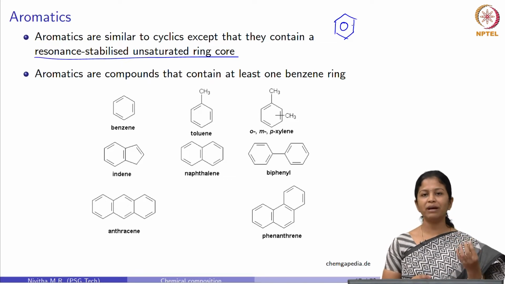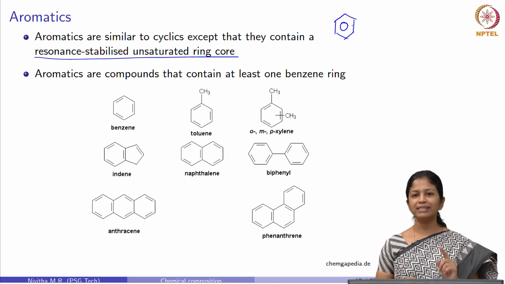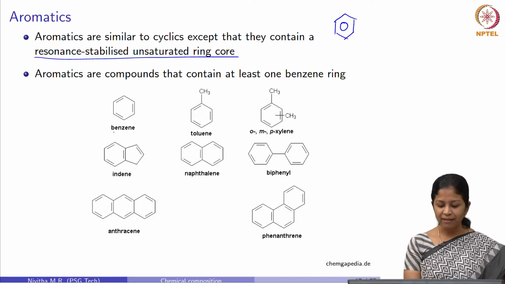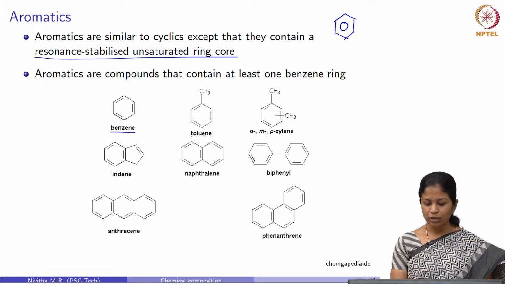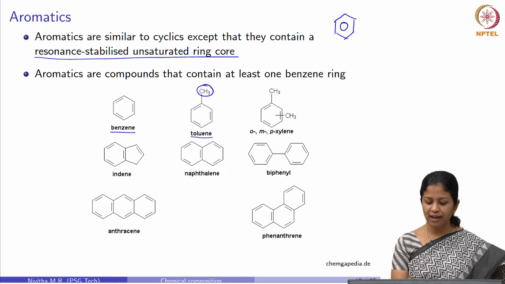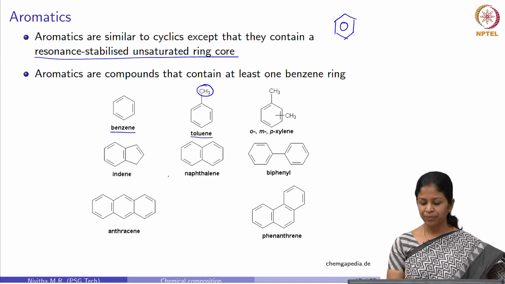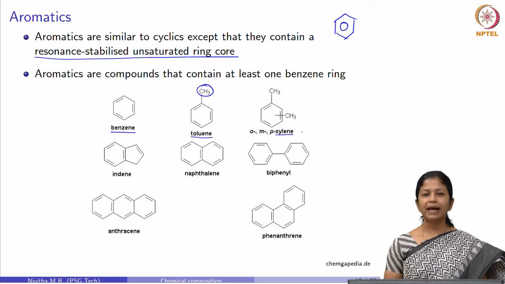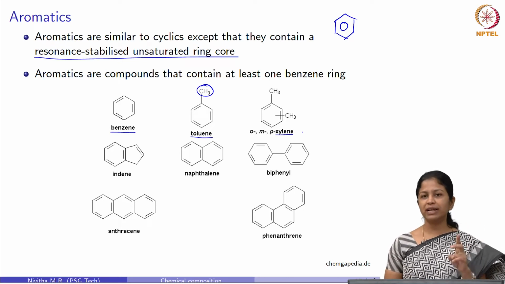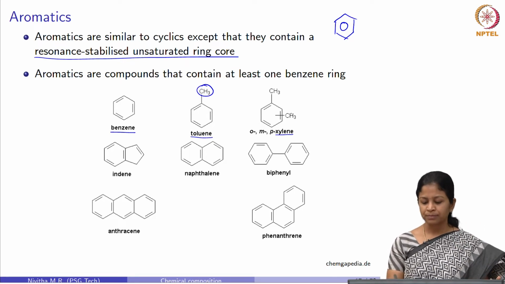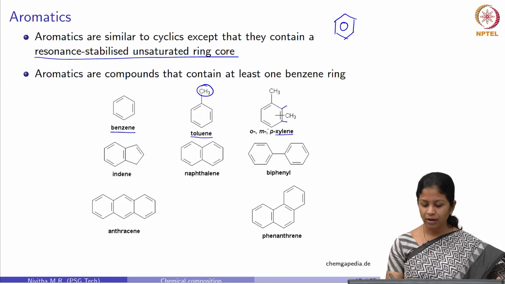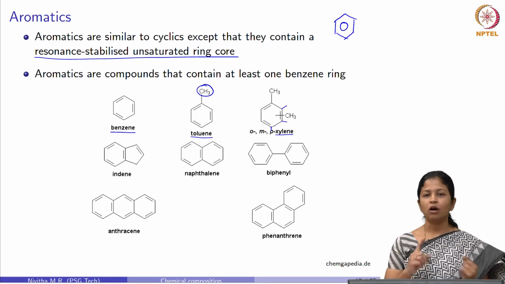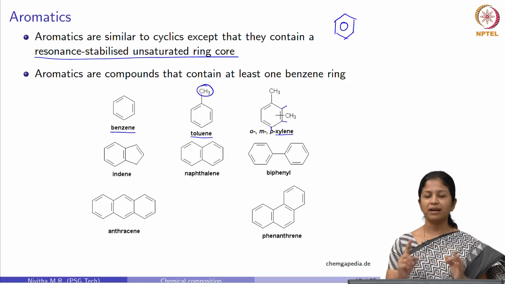The basic requirement when we call a molecule an aromatic is that it should have at least one benzene ring. So, we have benzene, which is just one ring. We also have toluene, where CH3 is attached to this benzene ring. We also have xylene. Xylene is defined when there are 2 CH3 attached to a benzene ring. Depending upon the position, whether it is attached here, here or here, it can be called ortho, meta or para-xylene.